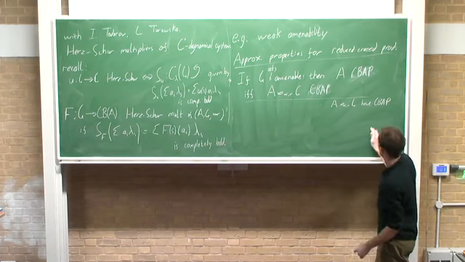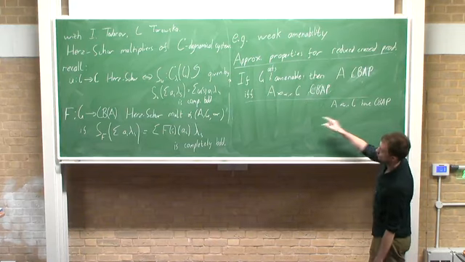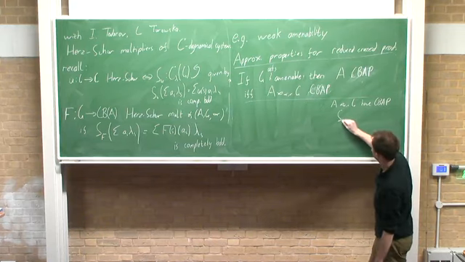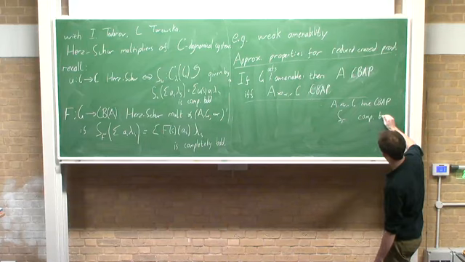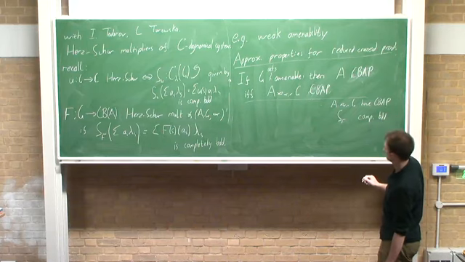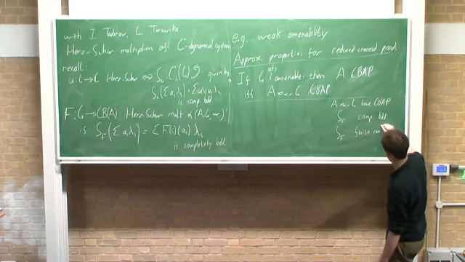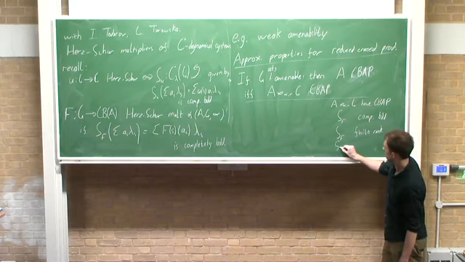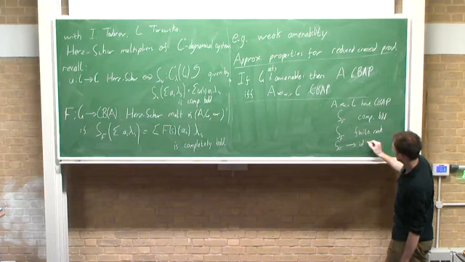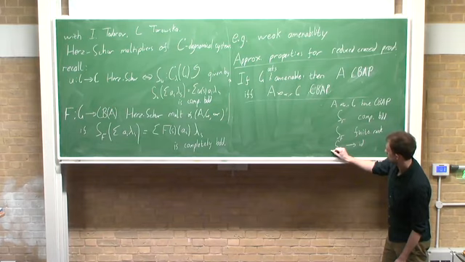What we want is for these maps S_F to be completely bounded, they need to be finite rank, they need to converge to the identity, and they need to be uniformly bounded.